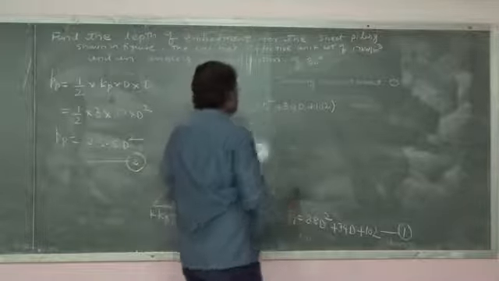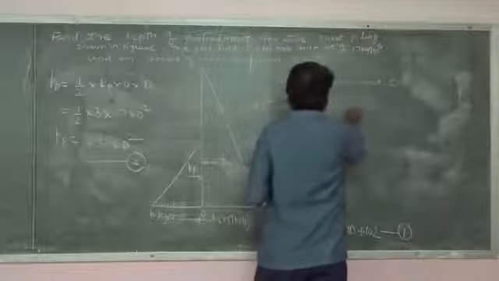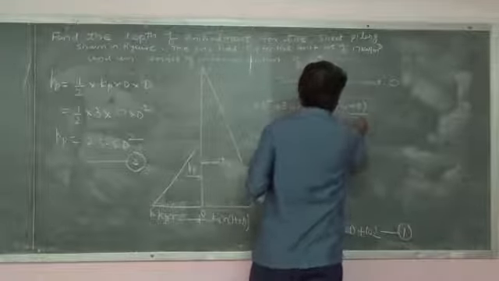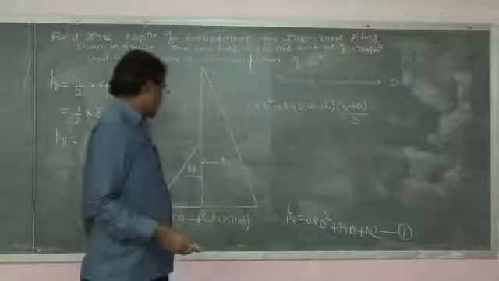H means here h plus d, that is 6 plus d by 3.